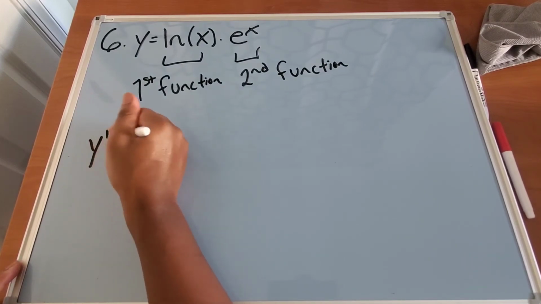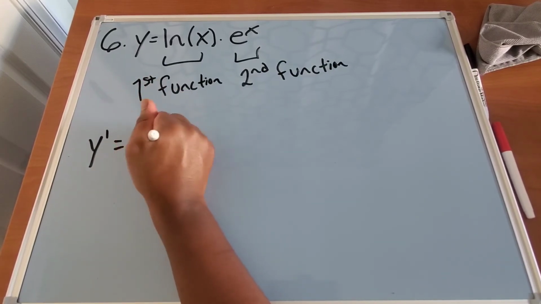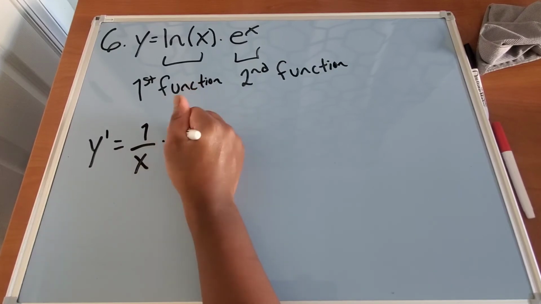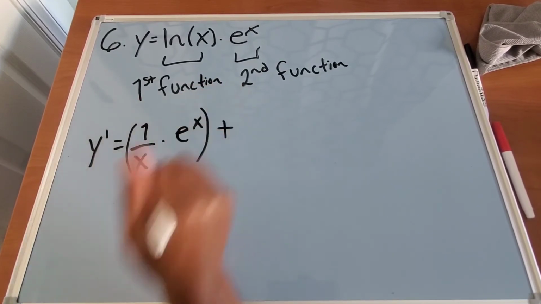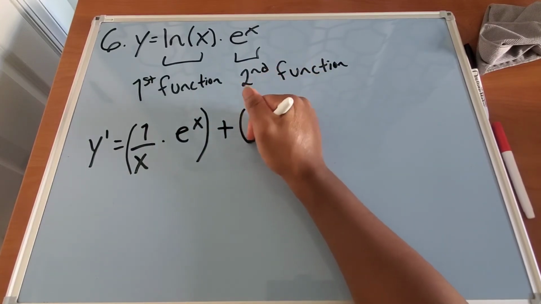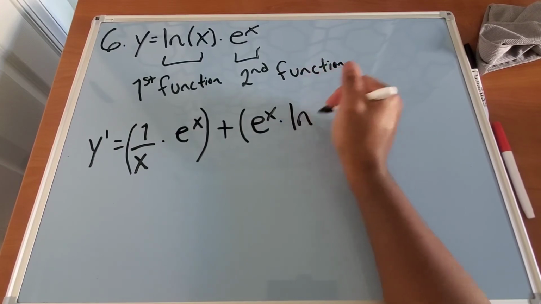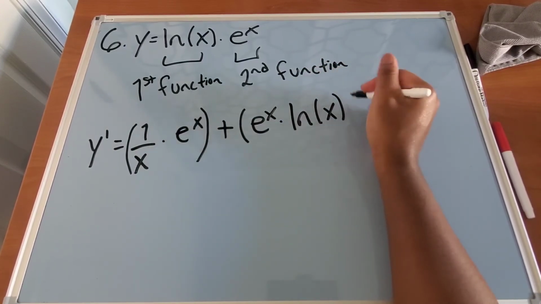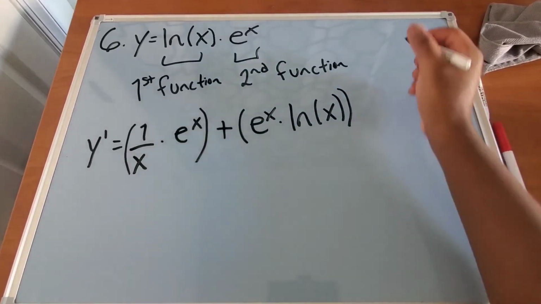So y prime will be equal to the derivative of natural log of x, which is 1 over x, times the second function, which is e to the x, plus the derivative of e to the x, which is e to the x, times natural log of x. So I want to note here that e to the x times the natural log of x doesn't simplify down to anything.